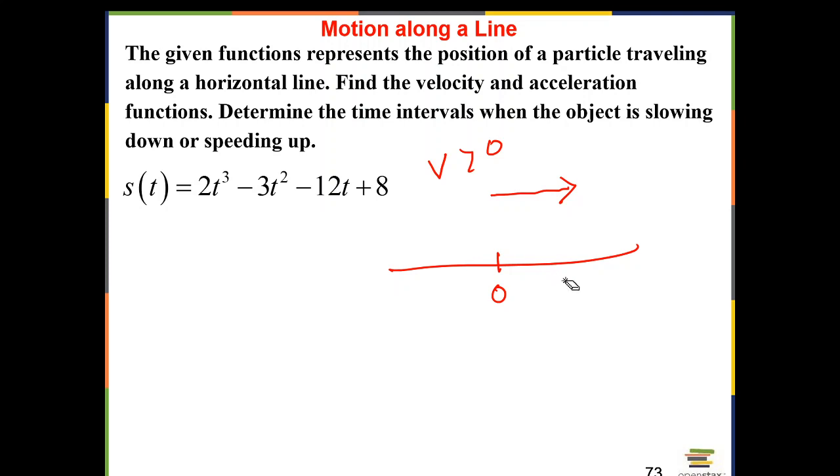So obviously your velocity will be positive, right? So going to the right, velocity is positive; going to the left, velocity is negative, right?